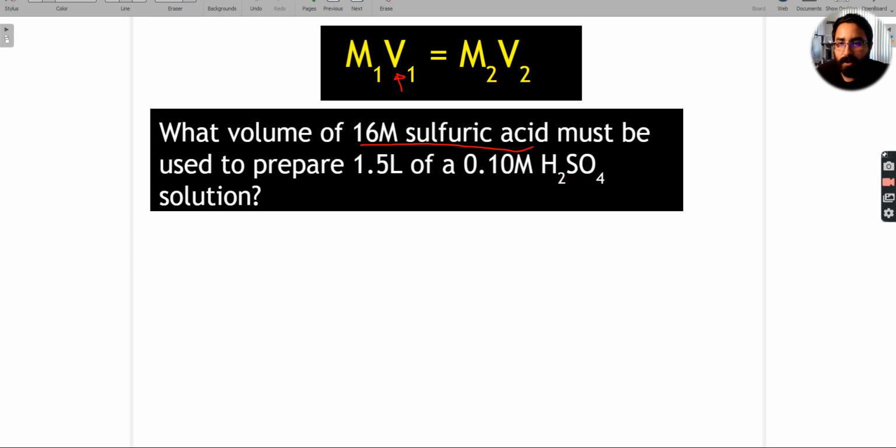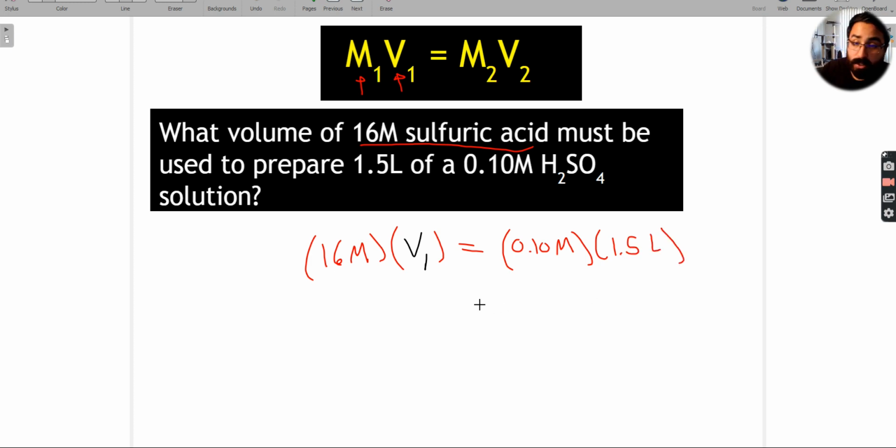We know the molarity. So let's put 16 molar sulfuric acid, and we don't know our starting volume. We don't know how much of it we need, but we know we want to make 0.10 molar, and we want to make 1.5 liters of it.